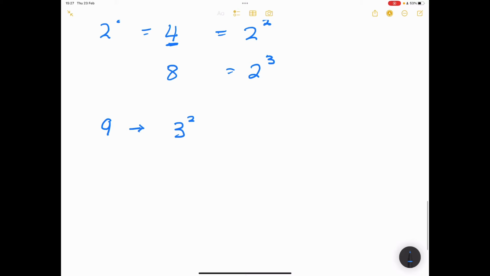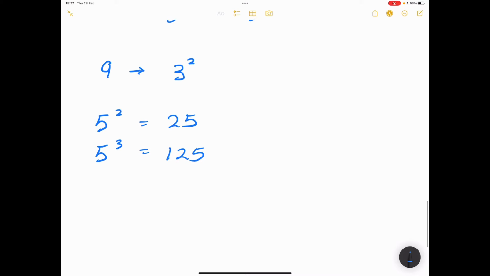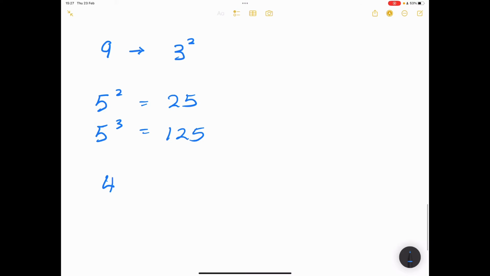So it also helps to know that 5 squared is equal to 25, okay? 5 cubed is 125. So remember 5 times 5 times 5. It also just helps to know that 4 squared is 16.